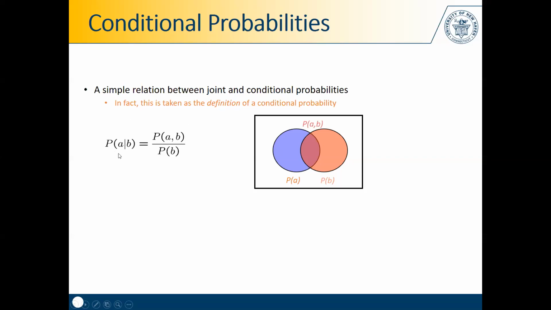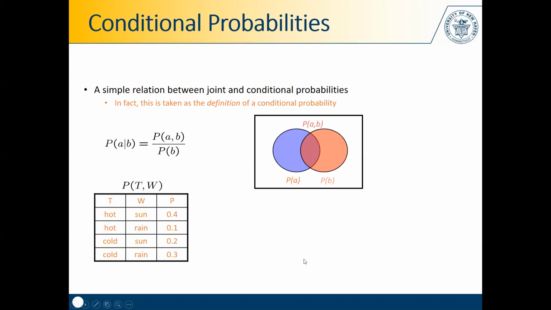The conditional probability of A given B is the joint probability of A and B, the probability of A and B happening at the same time, divided by the probability of B. One interpretation of this is that we are looking at what proportion of the B outcomes are also A outcomes.